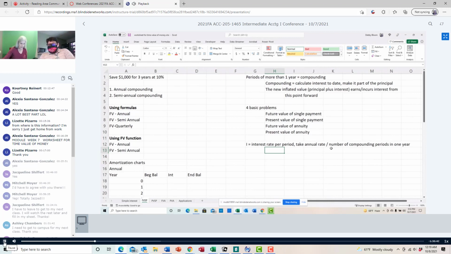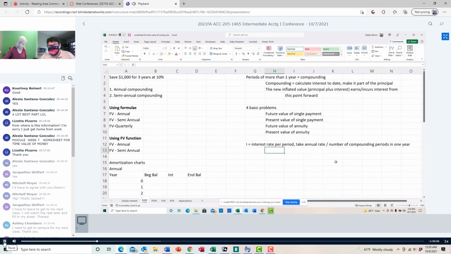If I was making payments 2 times a year, then I would have 2 compounding periods because I would earn half a year's interest, stop and calculate it, add the interest, and then calculate the second half year of interest. So I would take the annual rate and divide by 2. If I was talking about quarterly payments, I would divide the annual rate by 4. And if I'm talking about monthly payments like a car loan or a mortgage, I would divide the annual rate by 12 to calculate i.